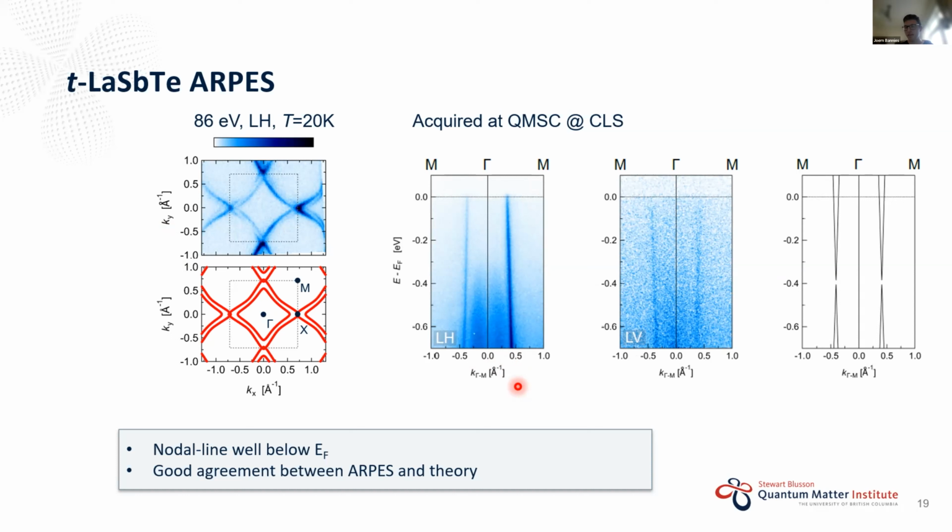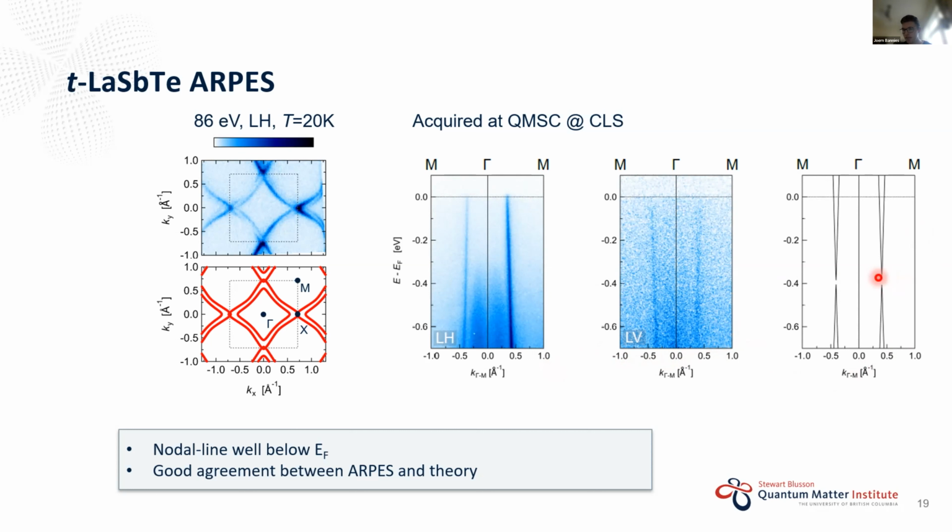So here we have a very strong matrix element, such that when we use horizontal polarization, we only see the inwards dispersing branch of this Dirac cone, if you want. While if we change to linear vertical polarization, we see the outwards dispersing branch on top of a lot of noise background. If you stitch these two images together, you again arrive at what the theory predicts, that is, this gapless crossing.